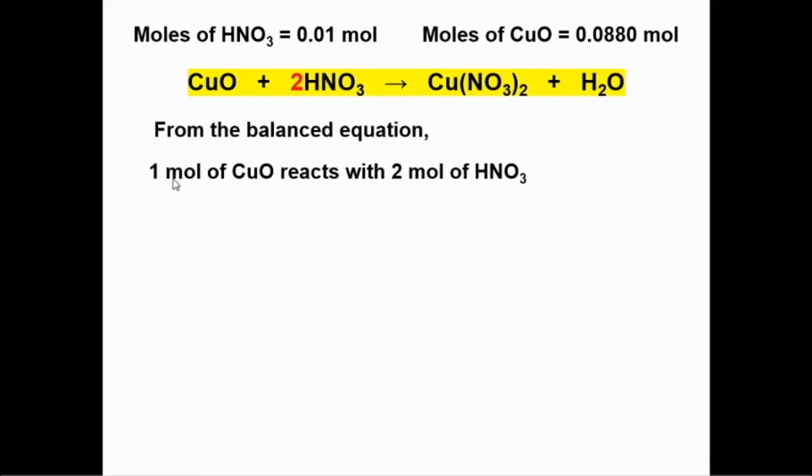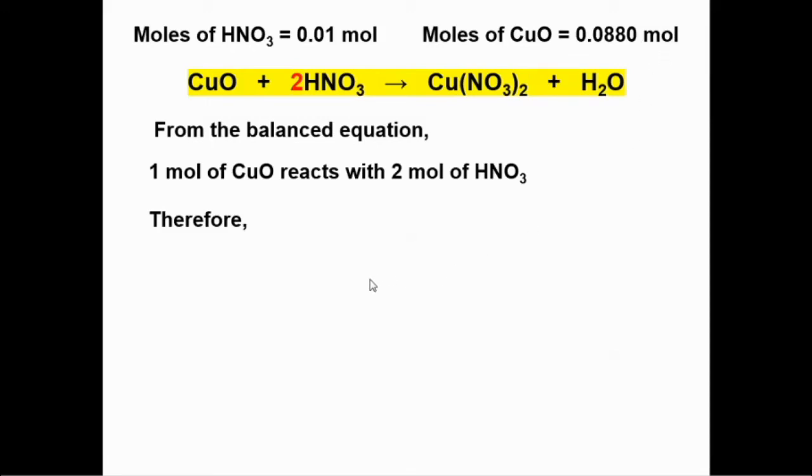From the balanced equation, 1 mole of copper(II) oxide reacts with 2 moles of nitric acid. And we don't have 1 mole of copper(II) oxide. So how many moles of copper(II) oxide do we use in this reaction? Yes guys, 0.088 moles of copper(II) oxide.